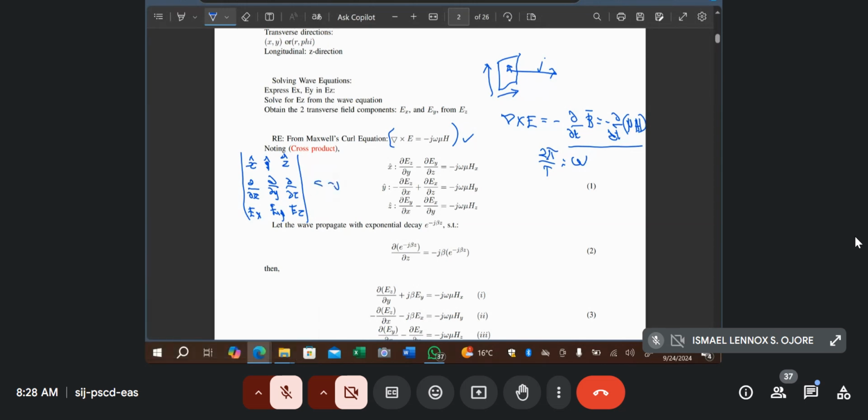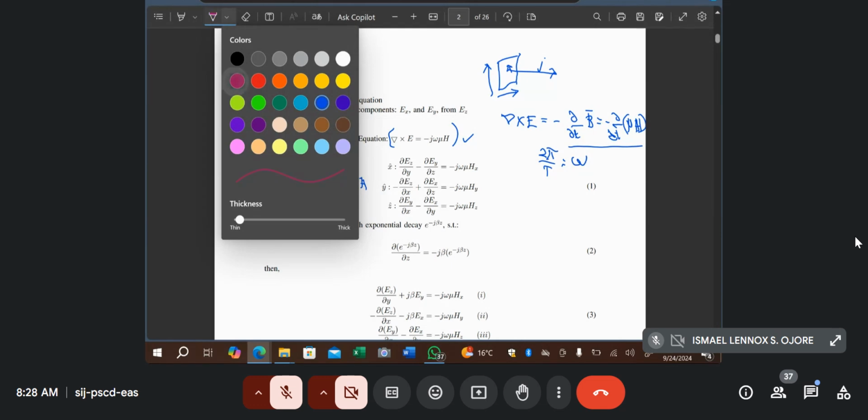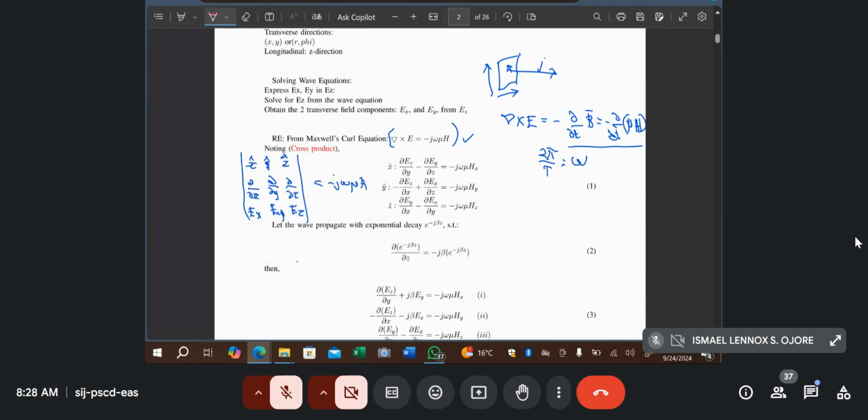You see that it equals minus j omega mu H. So when you want to determine the x component, what do we do? We use the other two by two matrix. We are going to use this. Okay, so the leading diagonal is d over dy.